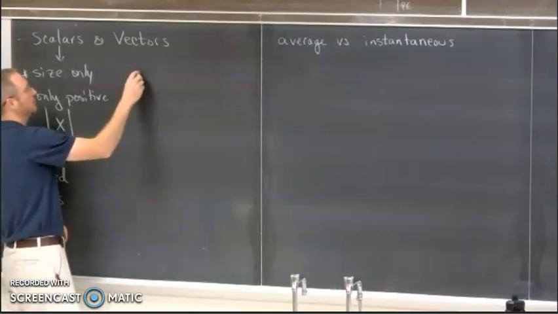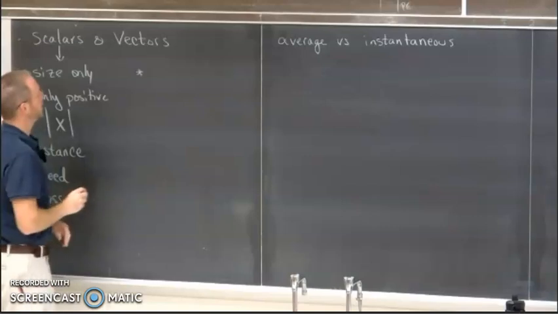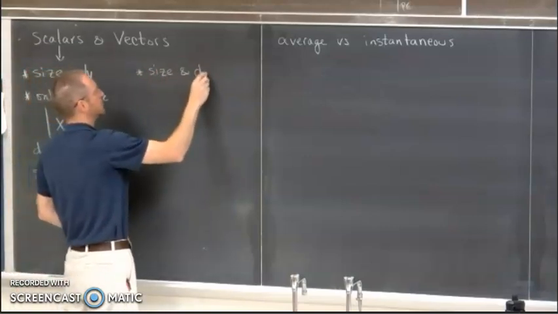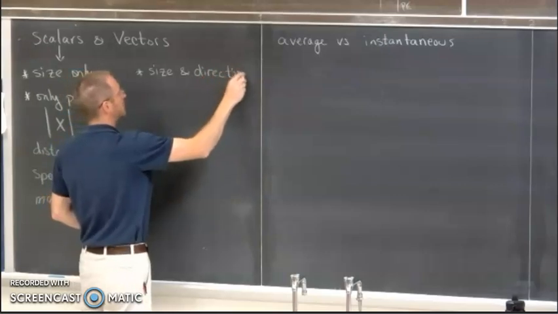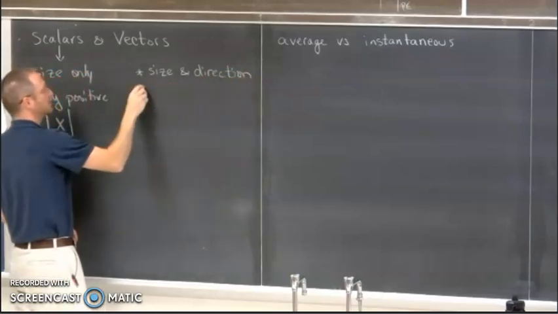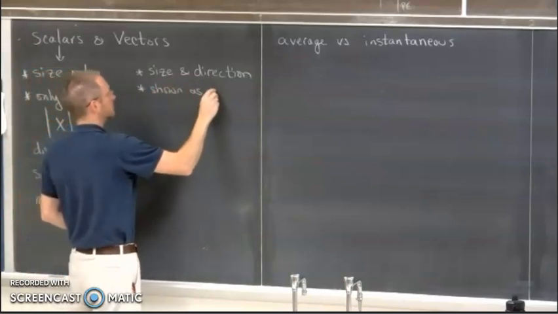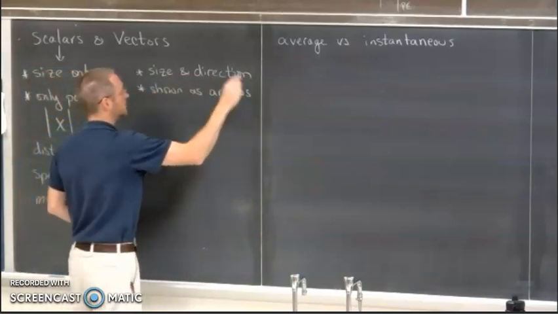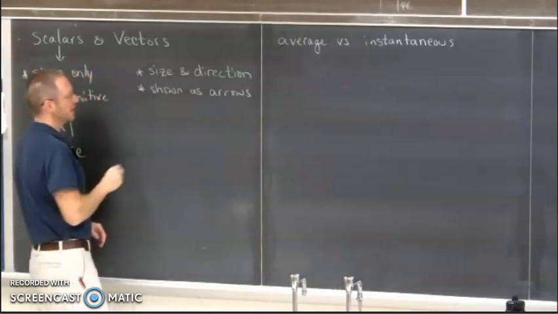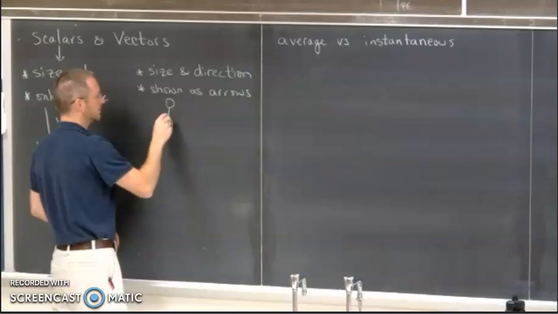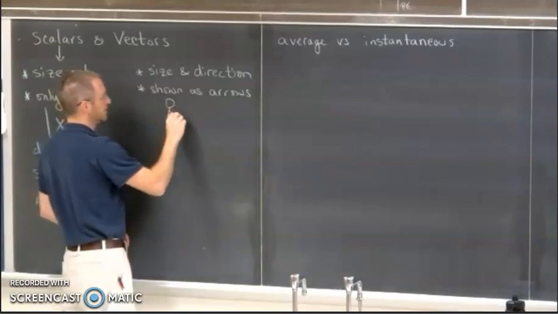Contrast that with vectors, which have a size and a direction. Because they have a size and a direction, they can be shown as arrows. So let's push that way.